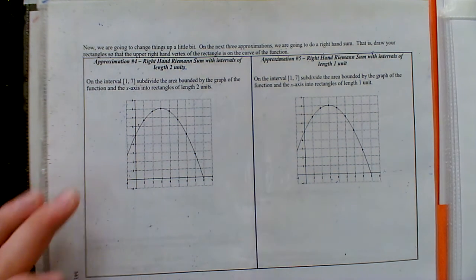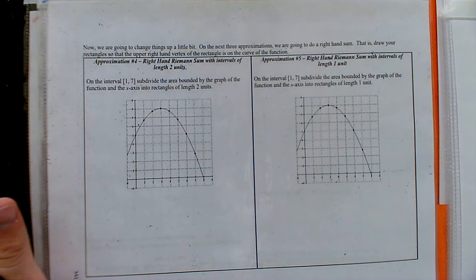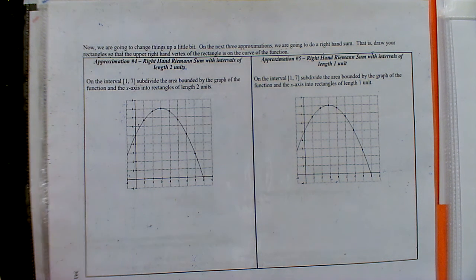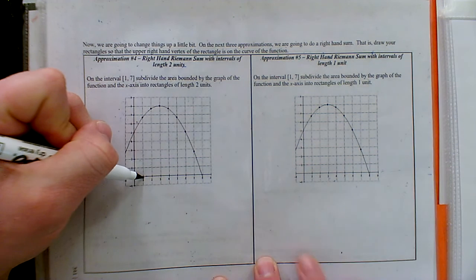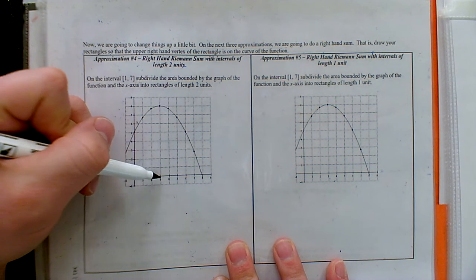So approximation number 4 says now we are going to change things up a little bit. On the next 3 approximations, we are going to do a right-hand sum. That is, draw the rectangle so that the upper right-hand vertex of the rectangle is on the curve of the function. Again, we're dealing with the interval from 1 to 7 still, and lengths of 2. So from 1 to 2, or from 1 with units of 2.